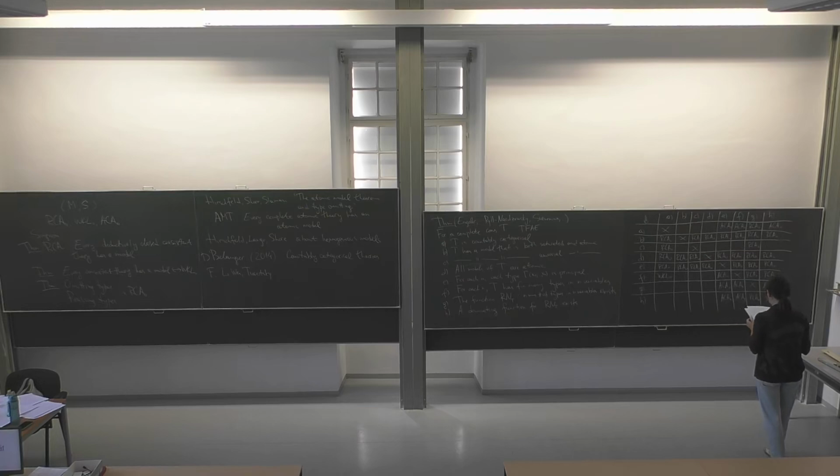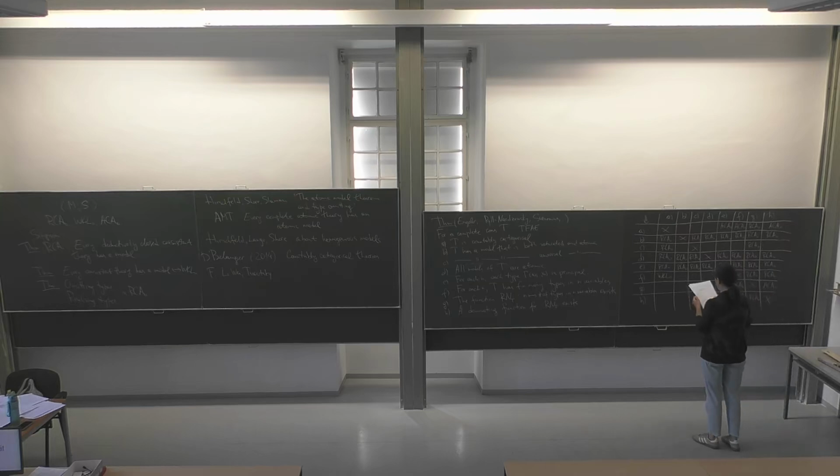What I'm going to show you is this: from A follows the existence of the Ryll-Nardzewski function. This is equivalent to ACA naught.